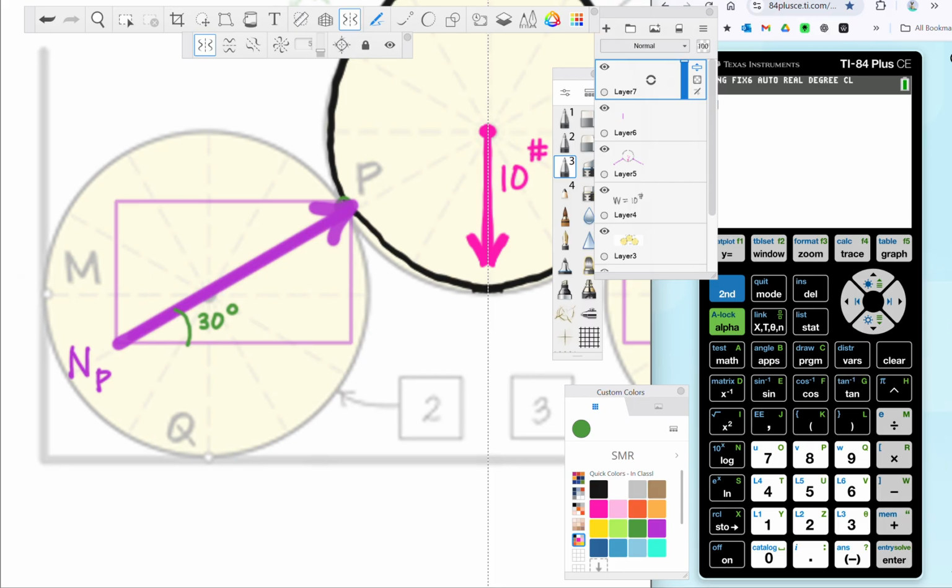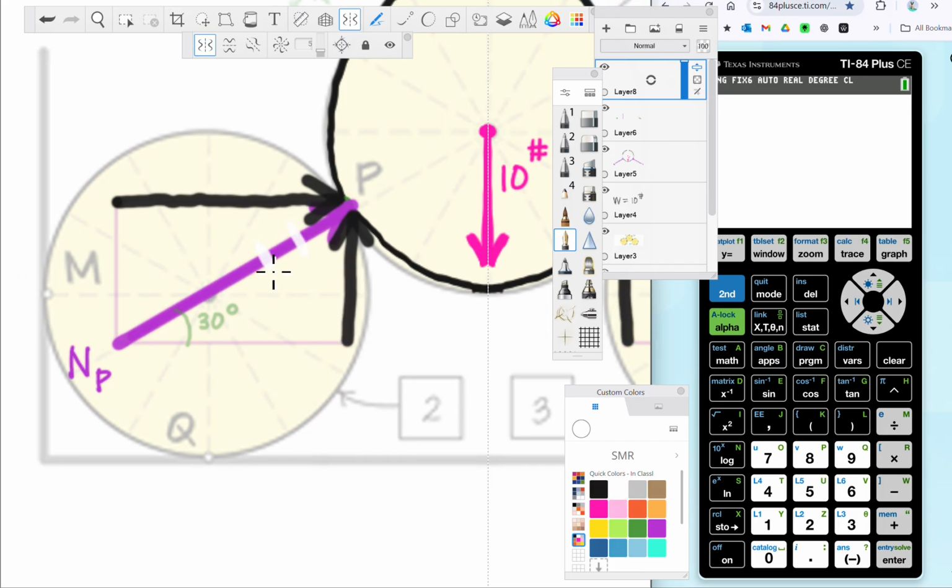We can use our memorized relationships for 30-60 triangles to break those down. So we have a horizontal force and a vertical force.